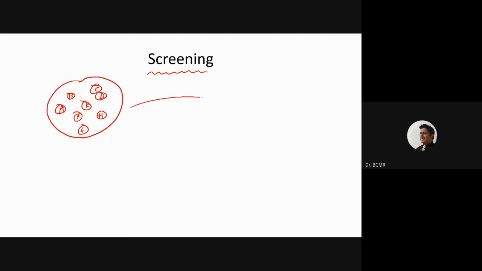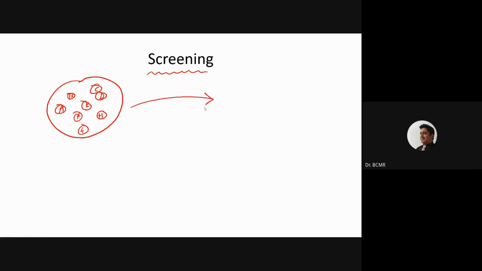So the first thing is, when we say screening, it's better to have a definition for it. Say, for example, there is a mixture of several things around, and it's an abstract thing. Say you have A, B, C, D, and so on. I want to find one particular aspect out of it, one entity.